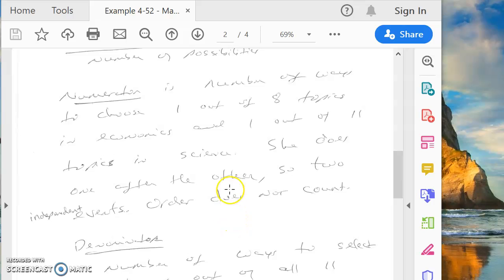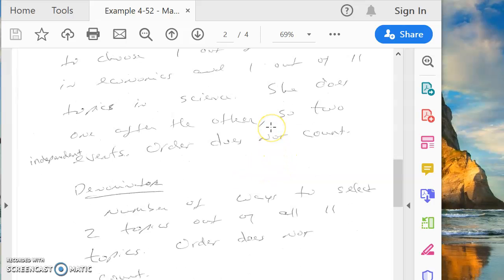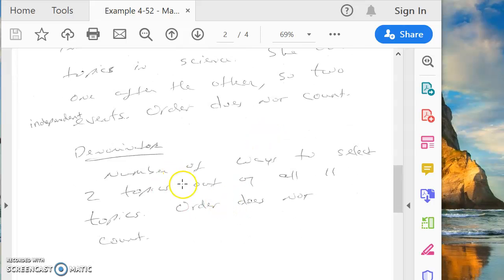When she picks one in economics, that does not affect what she picks in science, so they're independent. The order does not count. So what this is telling me is, okay, I'm going to use combinations, not permutations. The denominator, same idea, is the number of ways to select 2 topics out of all 11 topics, and the order does not count. So there's 11 topics altogether.